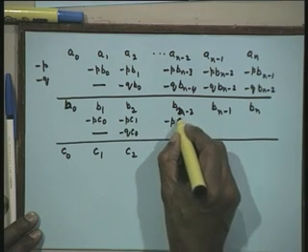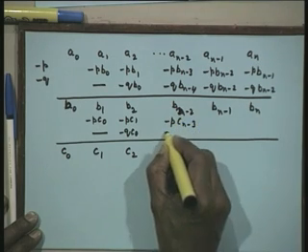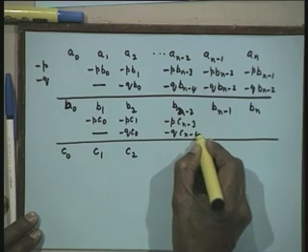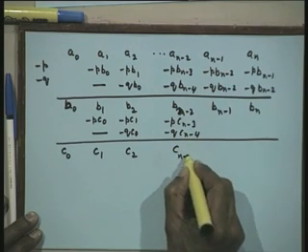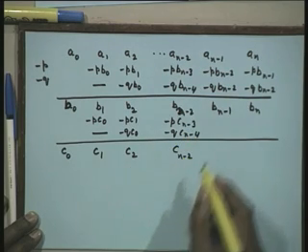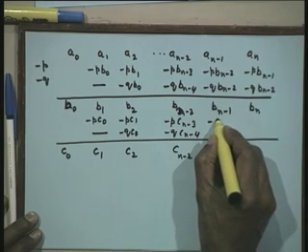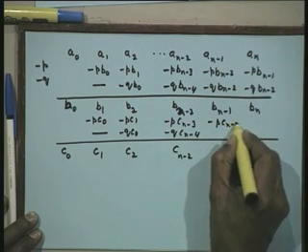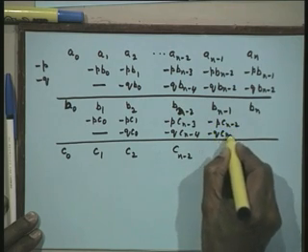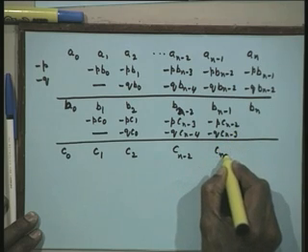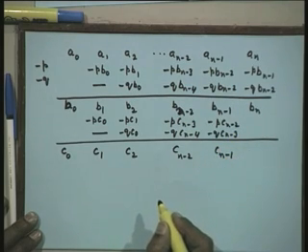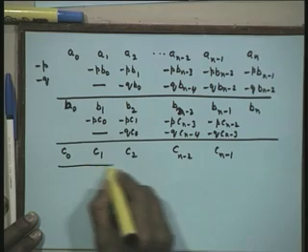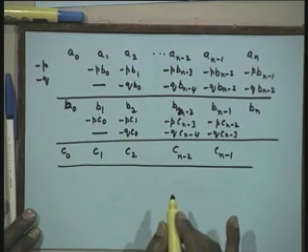So I will have minus p cn minus 3 minus q cn minus 4, that is cn minus 2. Then I will multiply minus p cn minus 2 minus q cn minus 3, which gives me cn minus 1. Now the synthetic division is complete.